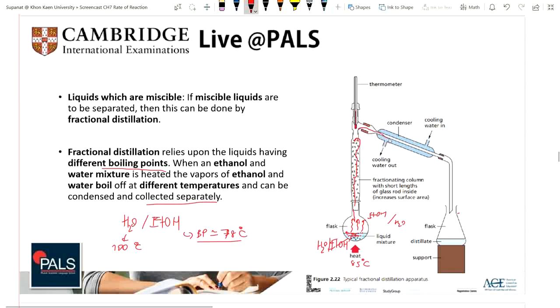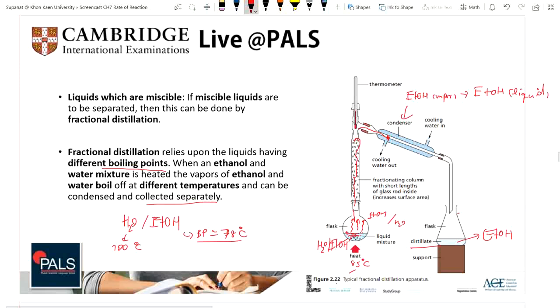Then it goes through the condenser, which condenses the ethanol vapor to ethanol liquid. The distillate here is the ethanol, which can be collected here, and the water will be left behind here.